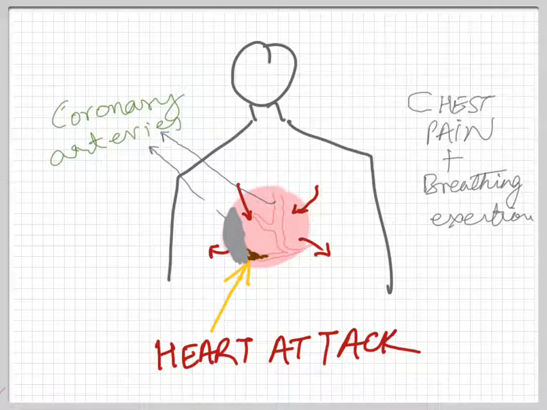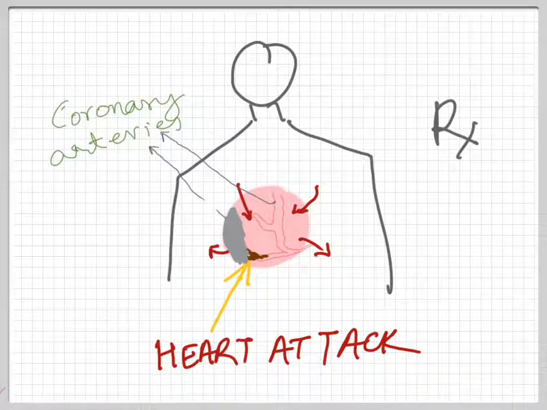The other symptoms are breathing problems, especially worse breathing on exertion. So many times, few days or few weeks before a heart attack happens, people may feel that they're having some trouble breathing on exertion, or they are having chest pain on exertion. Now this chest pain could be pressure-like. Many of my patients do not consider pressure as pain, but we as doctors consider chest pressure as chest pain.